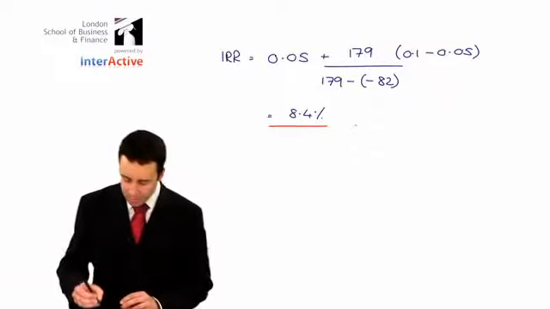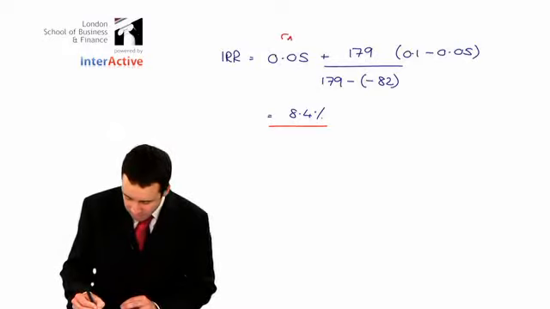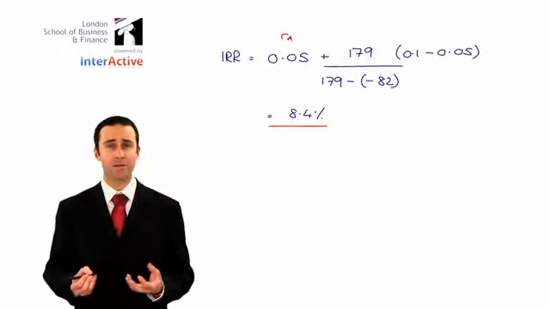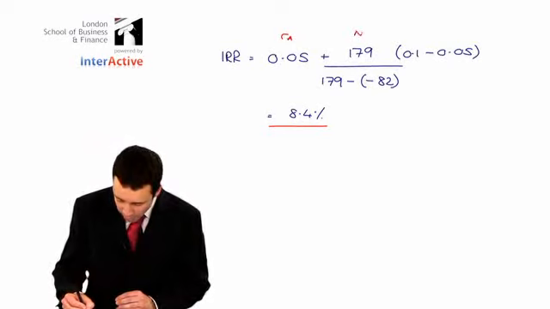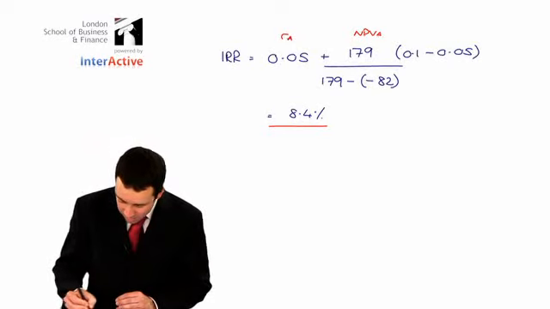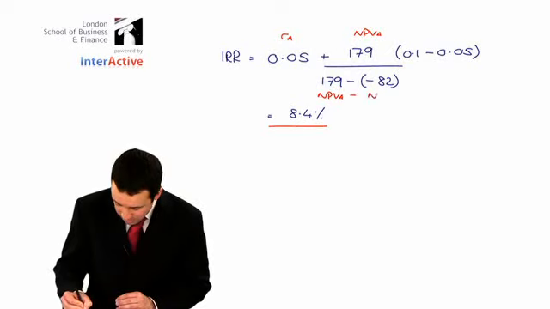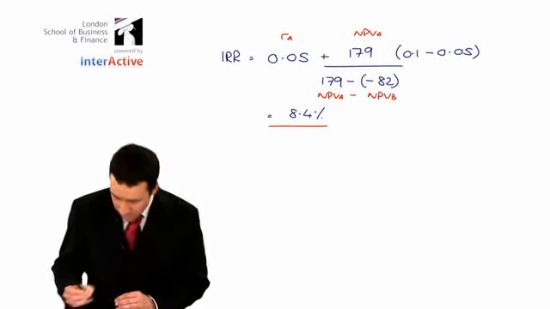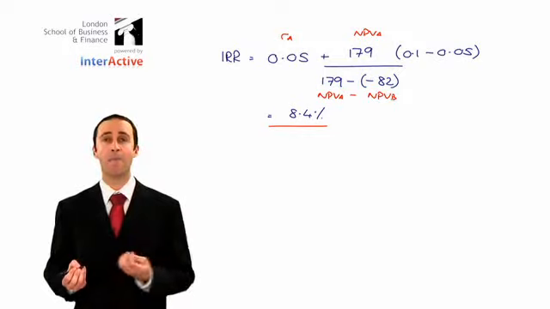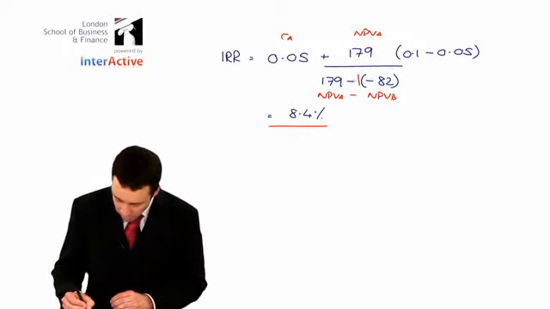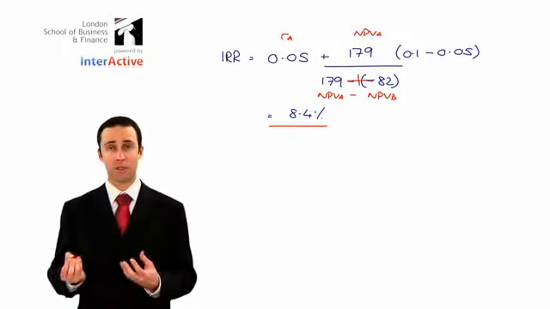Remember, what we do there is take your first discount rate, so if you like RA. We then do NPVA divided by NPVA minus NPVB. So there, minus will give us a plus.